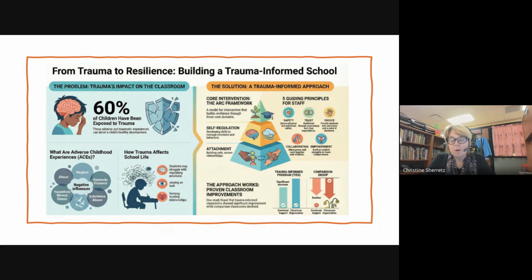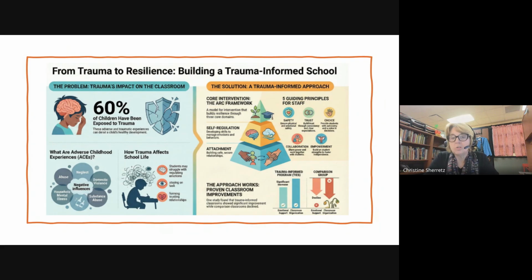There's a very popular assessment, which if you just Google it, is called the ACEs assessment. It can identify the number of ACEs, or adverse childhood experiences, that a child has. It could be abuse, neglect, domestic violence, substance abuse, a parent being in prison, mental illness. There are a lot of them listed in this infographic. It just has the major ones.